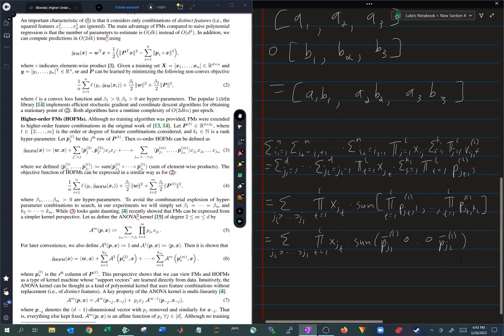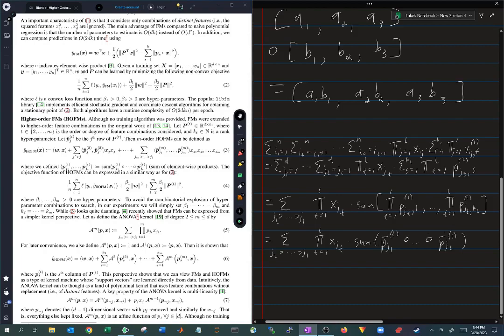So, this is a vector, and this is a vector, because basically what we're doing is we're taking element-wise products. So what is the first entry of this vector going to look like? The first entry of this vector is going to be the product of the first entries of all of the vectors that appear in here.